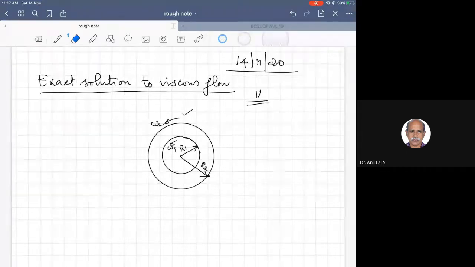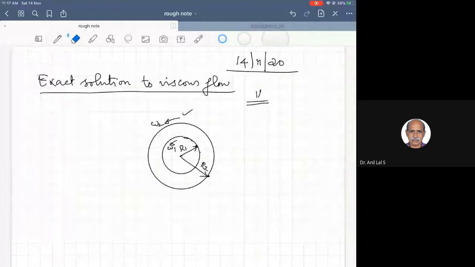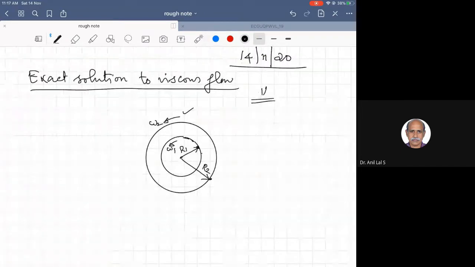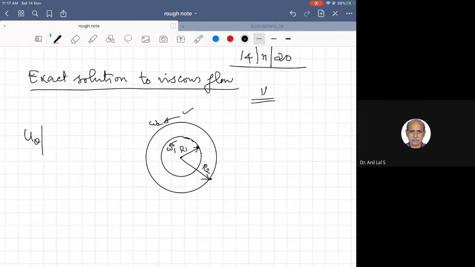The rotation of the cylinder causes the fluid particles adjacent to that cylinder to move with the tangential speed. So the fluid particle on the inner cylinder will have a tangential velocity u theta at r equal to r1 of r1 omega 1, and u theta at r equal to r2 is r2 omega 2.